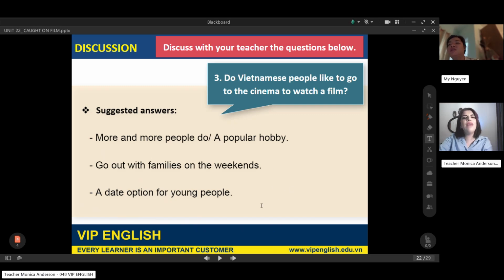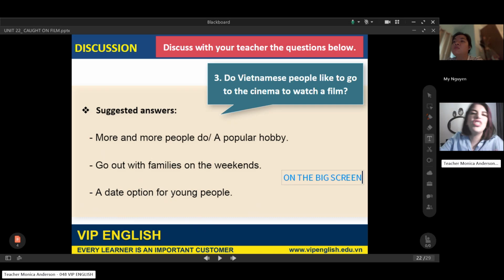Of course. So they would prefer to watch on the big screen. We can use the big screen as cinema. So instead of saying they would prefer to go to the cinema, they would prefer to watch films on the big screen.